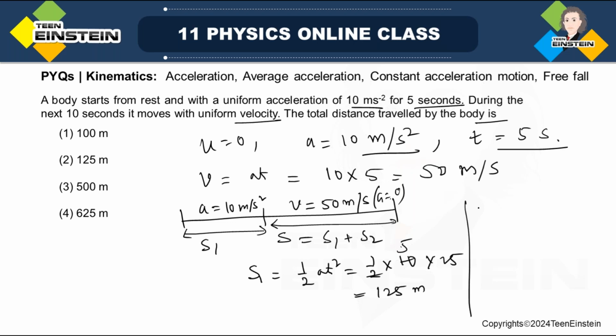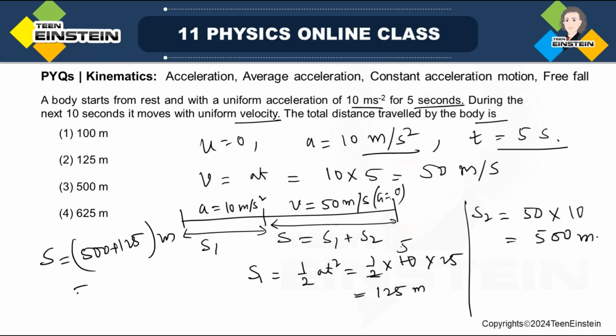Another 10 seconds it moves, so that is s2. S2 is equal to v into t, v is 50 and t is 10 seconds, so this is 500 meter. So what is the total distance traveled? S1 plus S2, so S will be 500 plus 125 meter, that is 625 meter. So option 4 will be the correct answer for this question.